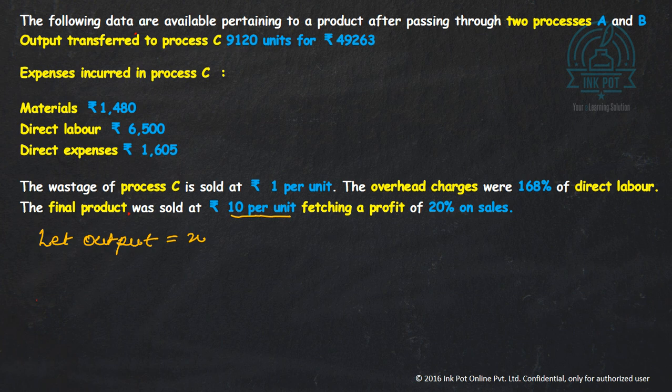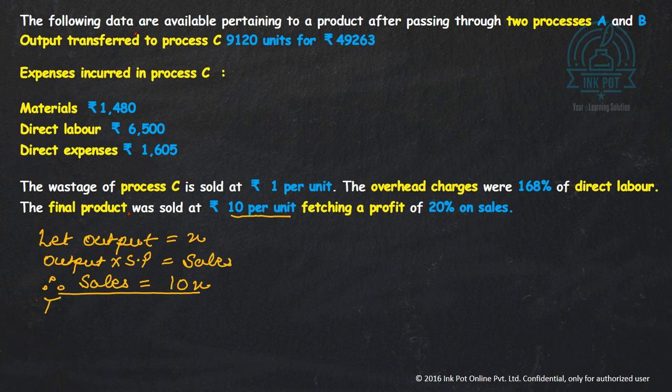So output multiplied by selling price per unit will give you sales. Therefore sales is equal to 10x. So the value of sales is equal to 10x.